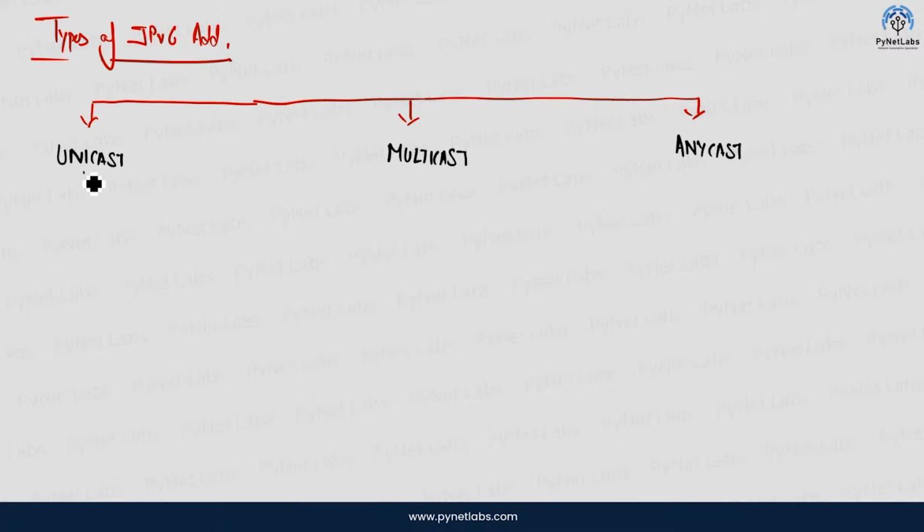Now, when I say unicast, multicast, and Anycast, unicast is nothing but a normal IPv6 address which can be assigned to any of the devices. But here in the unicast specifically, there are three categories. The first category we have is global unicast.